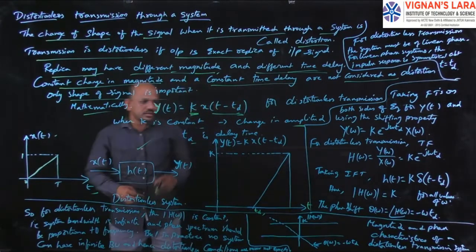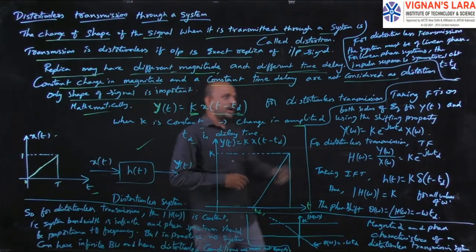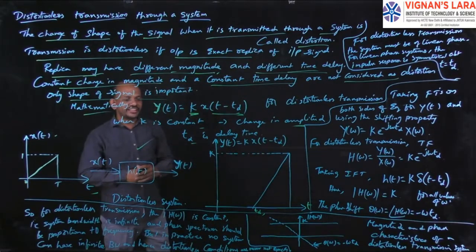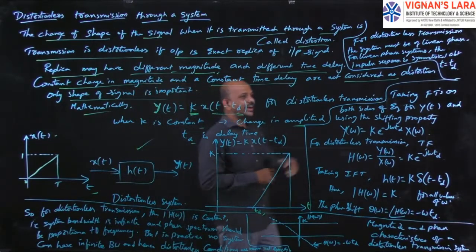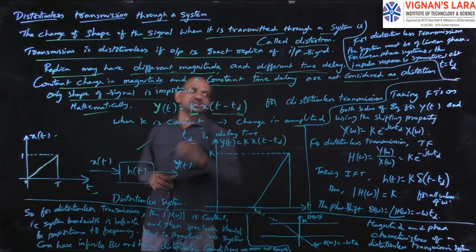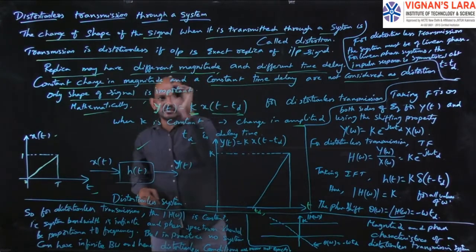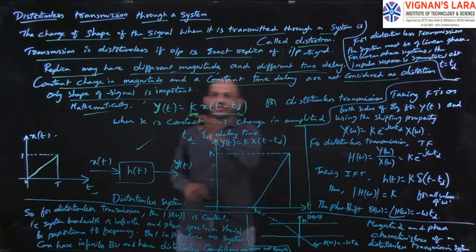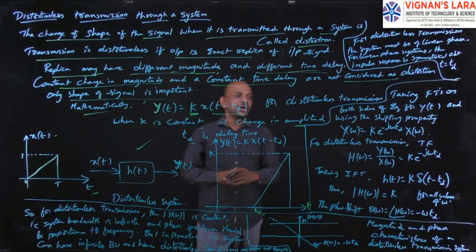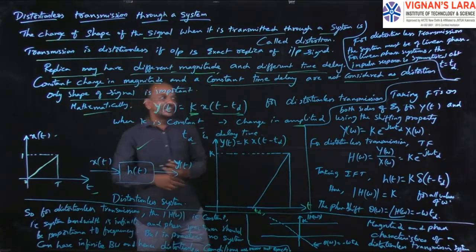Now let us take the Fourier transform on both sides of the equation y of t equal to k into x of t minus td, and use the time shifting property.